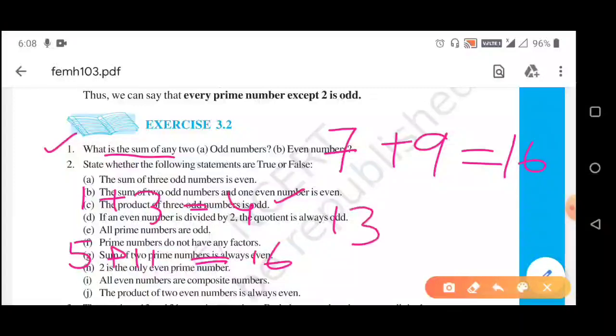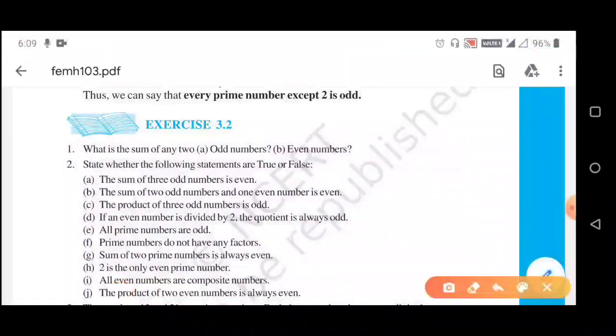If we add 13 plus 5, we get 18. In this way, you can pair up any two odd numbers and the sum of those odd numbers is an even number. So the answer will be even number.